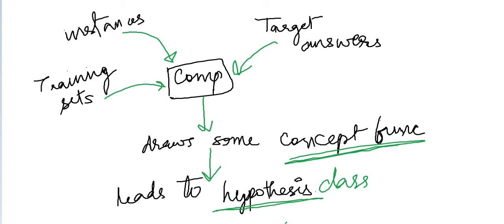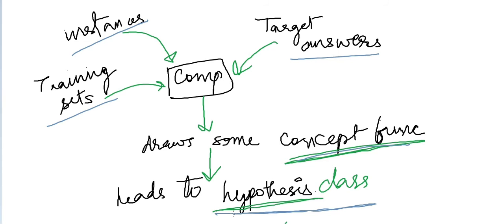So there are instances, training sets, target answers, which are fed into the computer, which draws on a concept function, and which leads to hypotheses, right? As I said, there are a lot of hypotheses, and which one would the machine pick up, there are some decision trees in the next video.